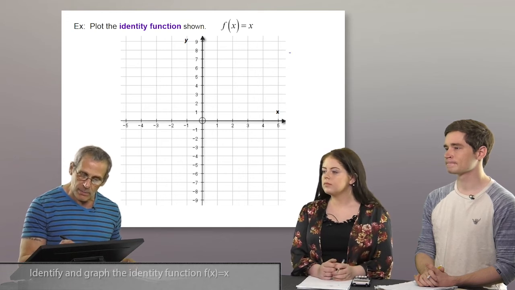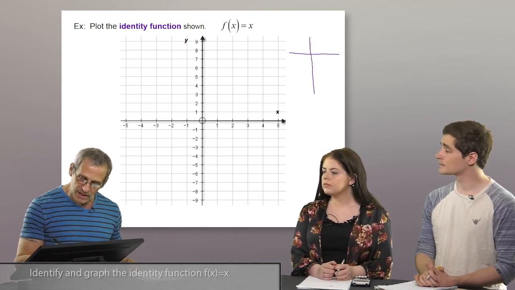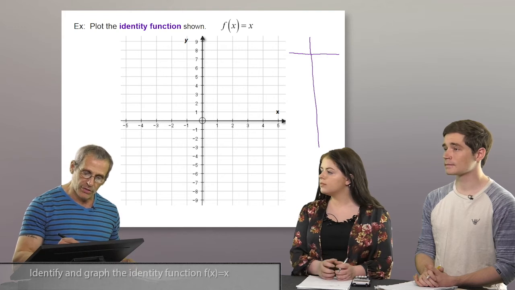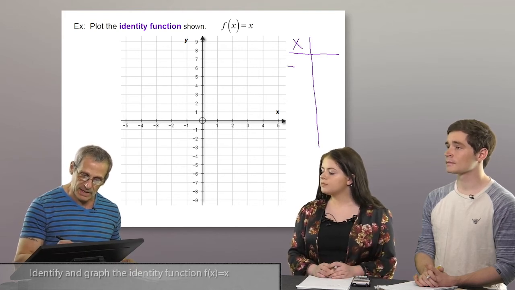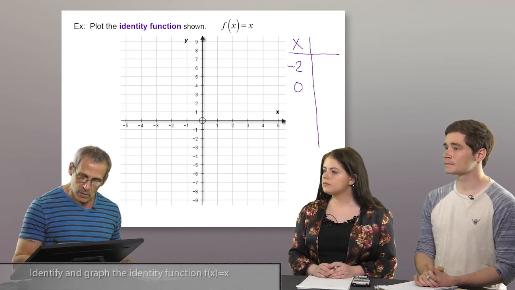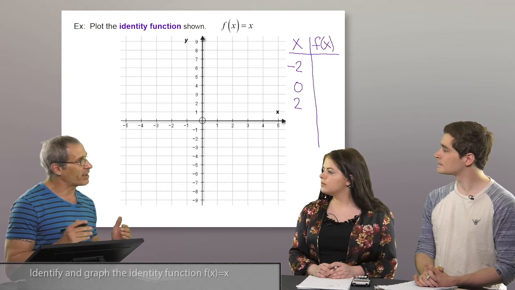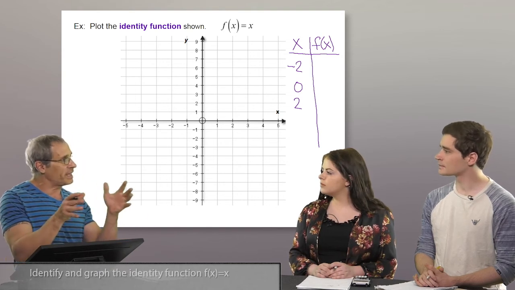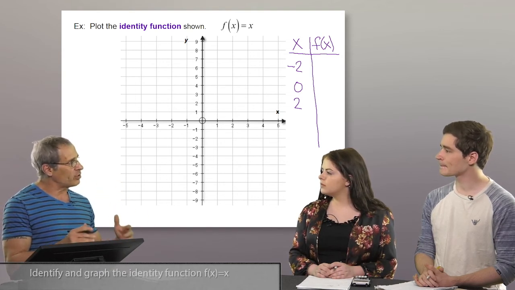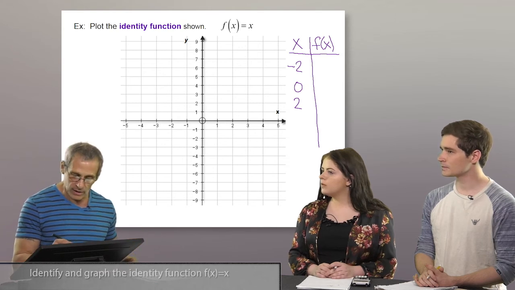So I'm going to set up a table here. Remember, f of x equals x. So I'm going to pick three inputs. I'm going to pick -2, 0, and 2. And then I'm going to write down the corresponding outputs. Now, if f of x is equal to x, if the outputs equal the inputs, when the input is -2, the output is? -2. I'm going to write that in.